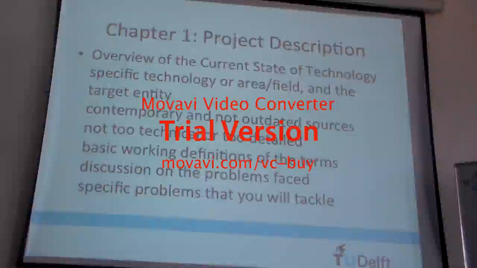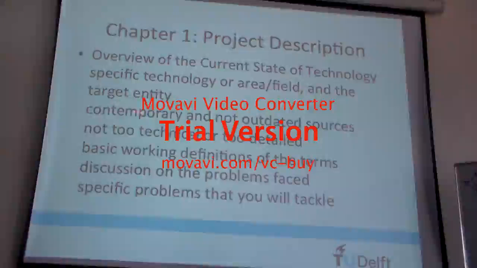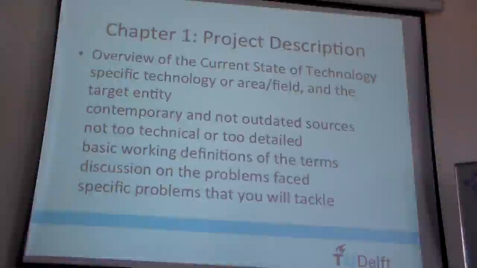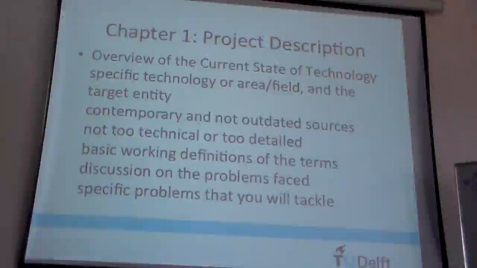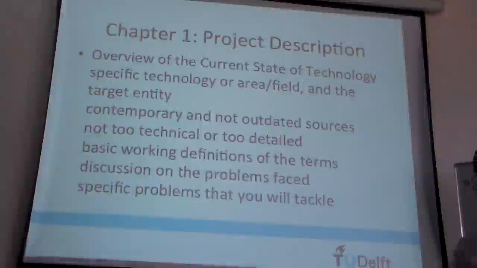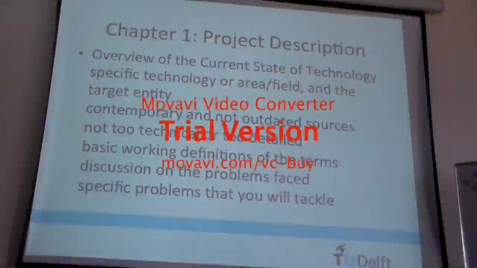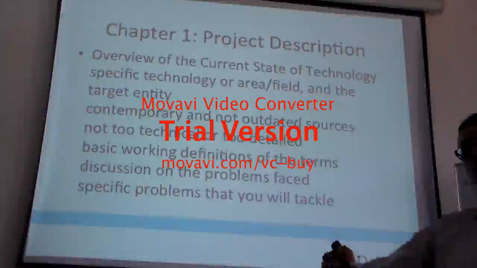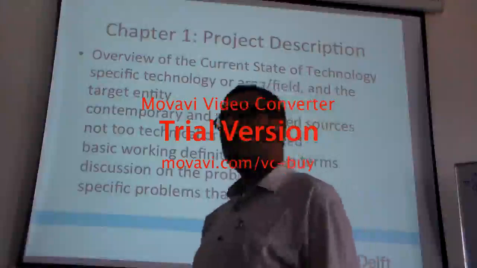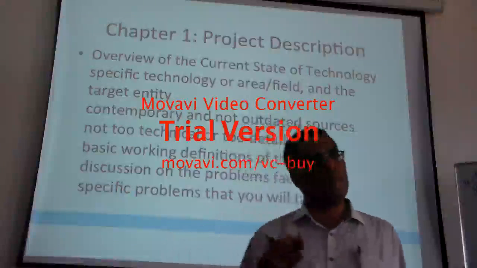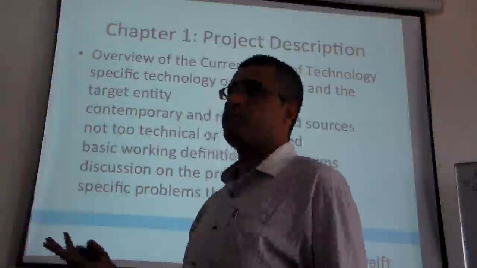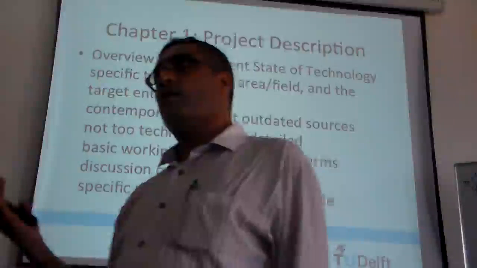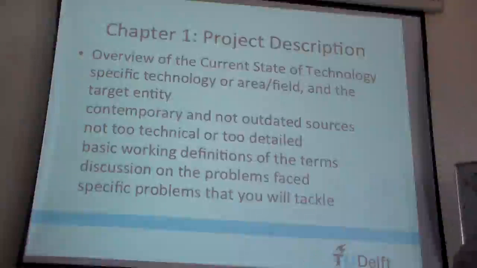Not too technical or too detailed. We don't use references that are too technical. Try to get out of your bachelor study mindset, because in bachelor study we were concentrating on technical things. We were developing applications, for example a database application, maybe a website, programming, we do these things.